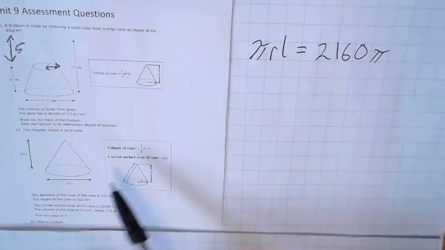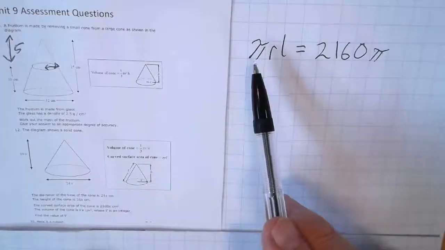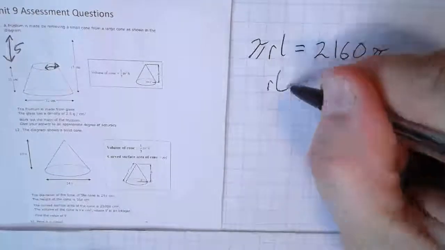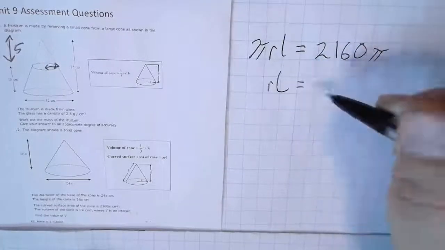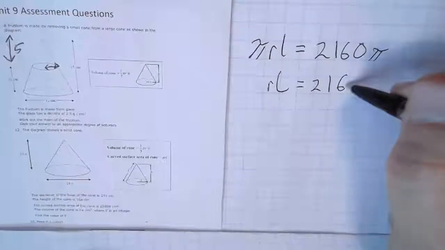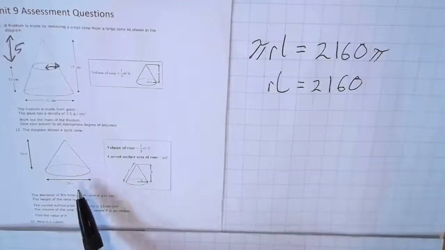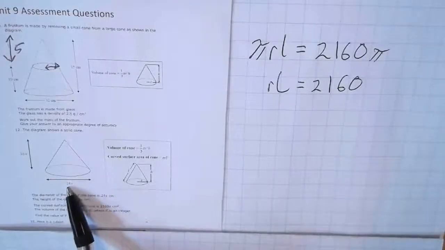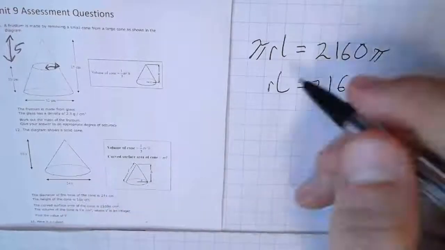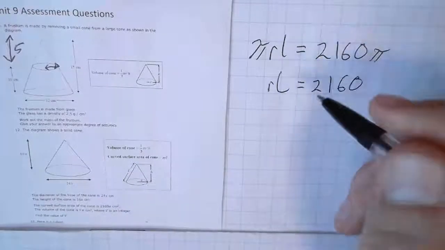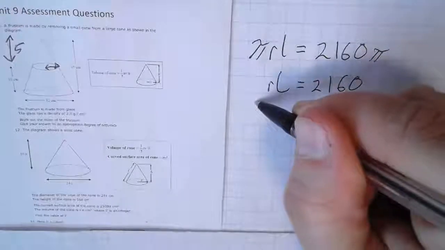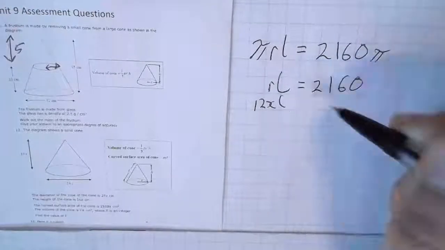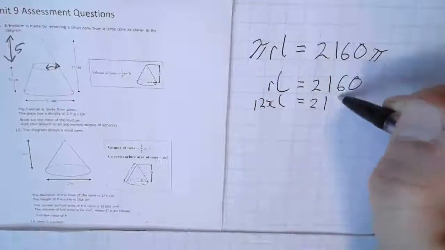Now I can remove pi from this straight away, so divide both sides by pi, RL is 2160. Now my radius here is 12x. So I've got 12xL is equal to 2,160.